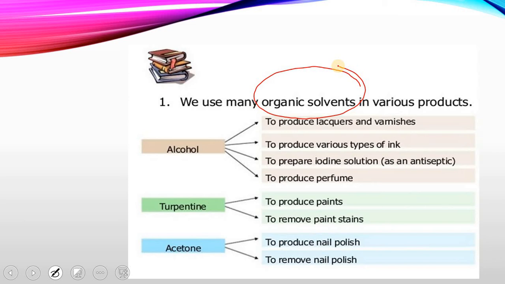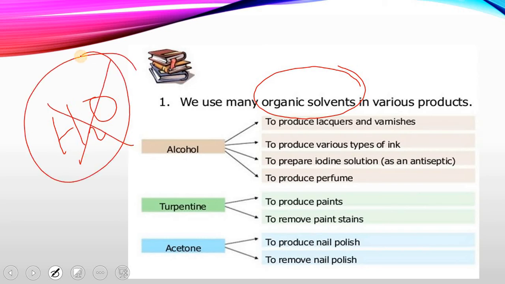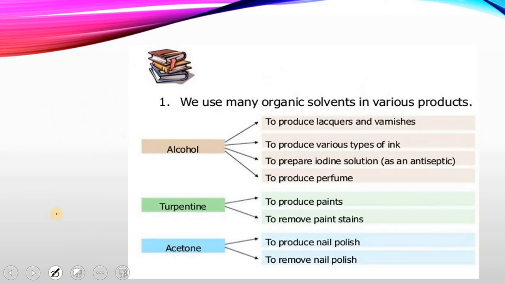So if you try to dissolve a solute in water but it does not work, then you can always use an organic solvent. There are a few types of organic solvent that you can use to dissolve solutes that you won't be able to with just water. For example, alcohol, turpentine, and acetone.